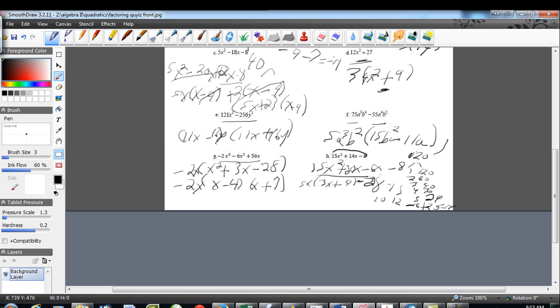I'm left with 3x plus 4. Messy. Kill it. You're left with 5x minus 2, 3x plus 4. Okay, that's the first sheet. So let's go catch the back side.